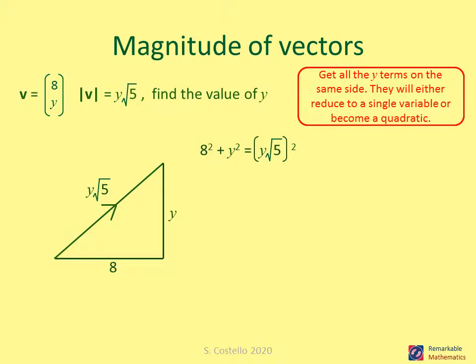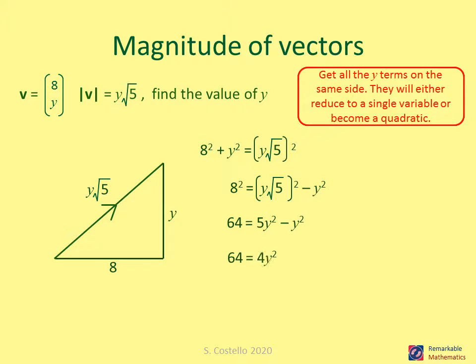That equation is somehow going to reduce to a quadratic, or we'll be able to combine those two y variables and get rid of one, or just reduce them to one. So we've got 8 squared equals y root 5 squared minus y squared. So 64 equals 5y squared minus y squared. So just by working through this, we can see it's going to be slightly easier than we thought.